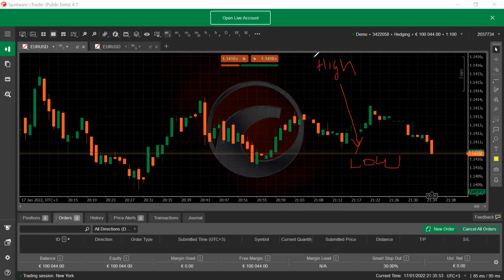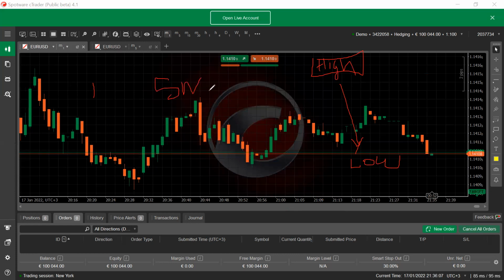Before you trade, you first look at the chart, higher time frame. If you plan to trade the 1 minute time frame, you make sure you check as a reference the 5 minute time frame. If you're going to trade the 5 minute time frame, you check as a reference the 30 minutes or the 1 hour time frame.